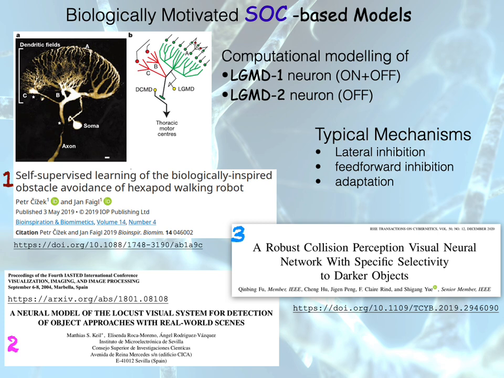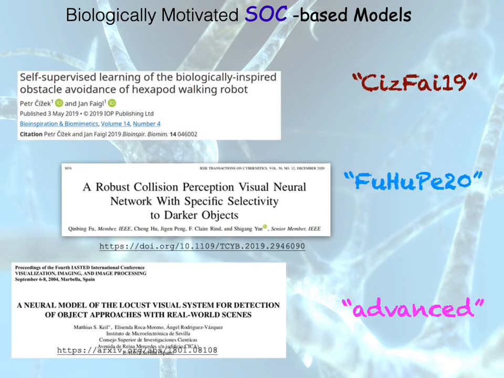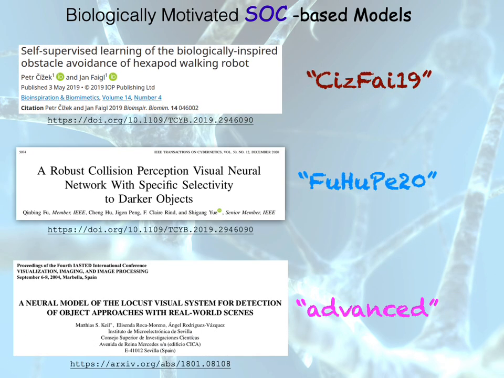On the top right, you see a schematic drawing of the circuitry of the LGMD neuron. The part of the dendrite colored in green provides excitatory input, while the part colored in red acts inhibitory. I don't want to go much further into the circuitry of the LGMD neuron. Rather, I selected 3 proposals on what the LGMD neuron computes and how it computes. The first proposal is labeled CIS-Phi-19, which is a computational model that was used on a hexapod walking robot to avoid obstacles.